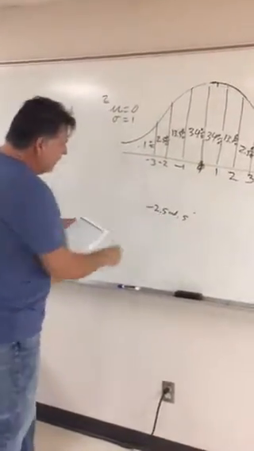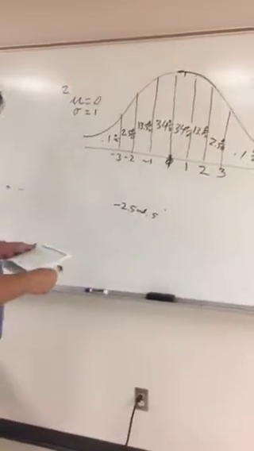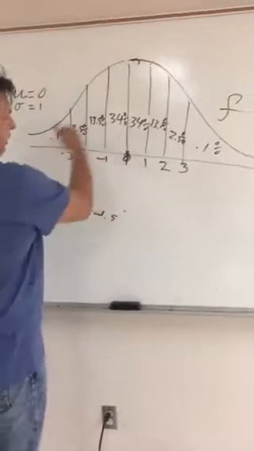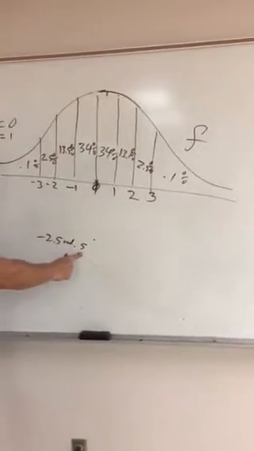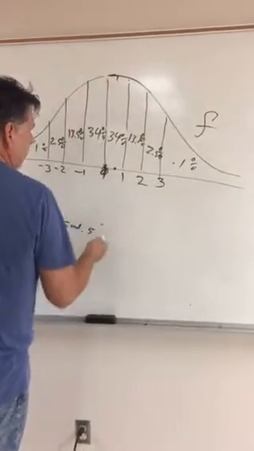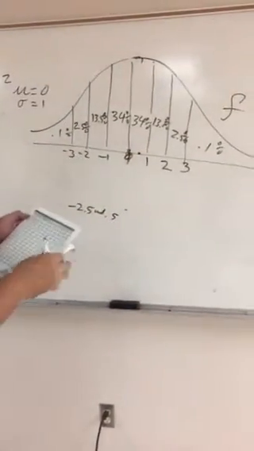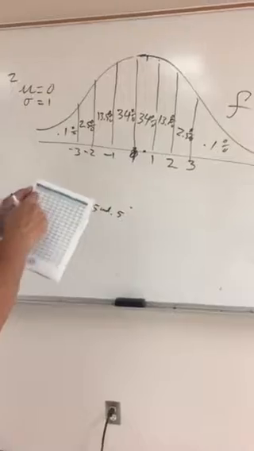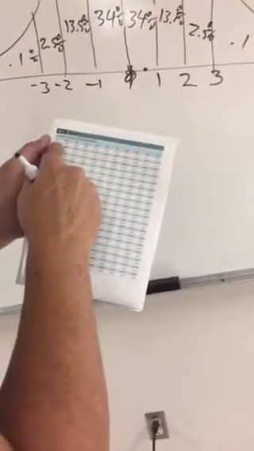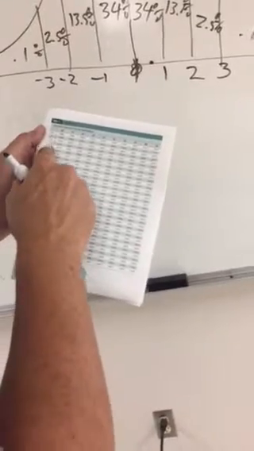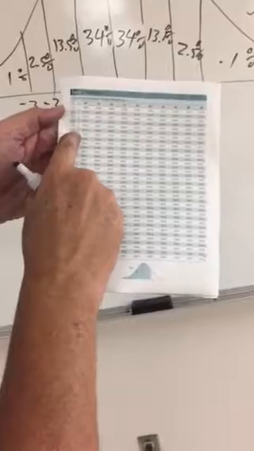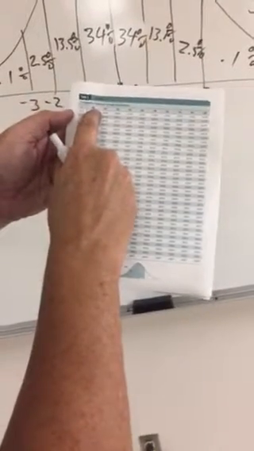So I asked about negative 2.5 and 0.5. The first thing I probably want to do is look at this area to the left of a Z of 0.5. So 0.5 is going to be right here in the middle. And how I know that, I'm going to come over here to Z. I don't have a 1, so I've got a 0.5. I'll look over here at 0.5, which is right here, and I don't have any decimals after that.